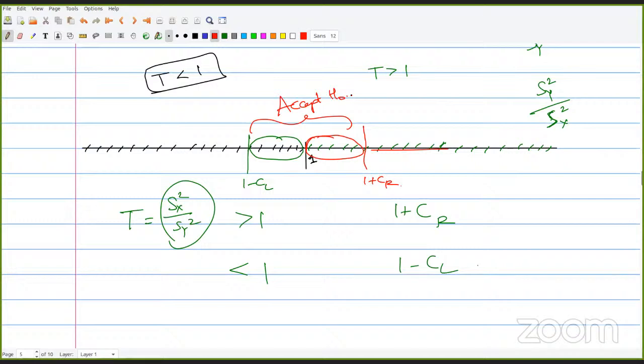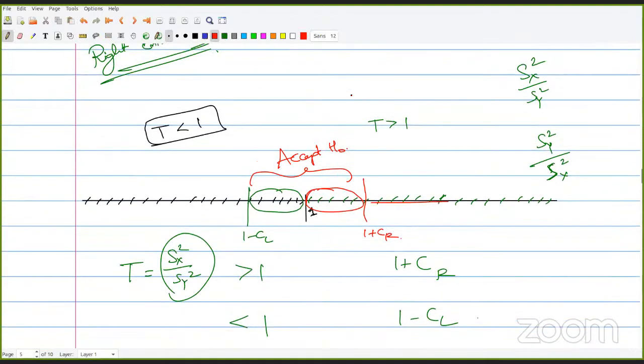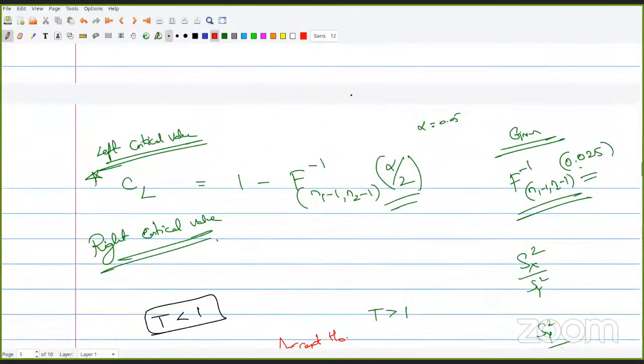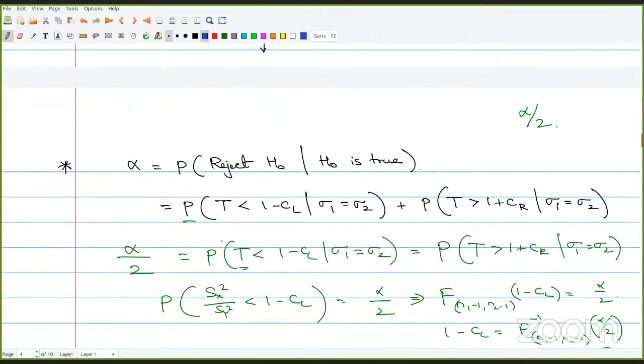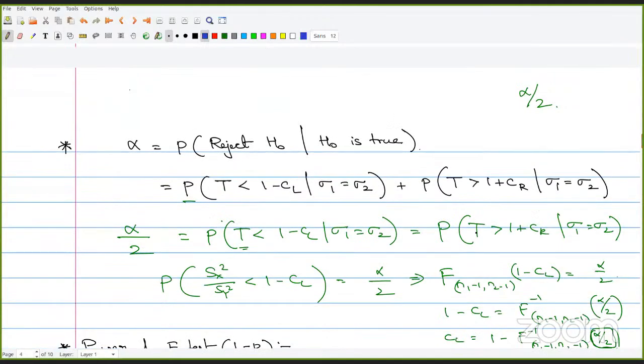But what happens is, if you don't know the distribution or the distribution values haven't been given in the examination, we have given one thing. If this particular thing is given, then you can compute the left critical value. If I wanted to compute the right critical value, it would be: probability that T is greater than 1 plus CR is alpha by 2.